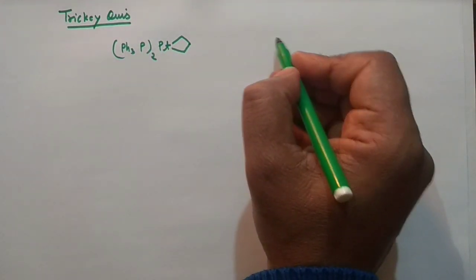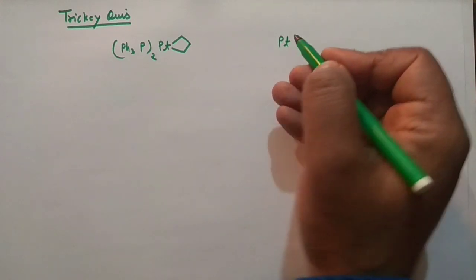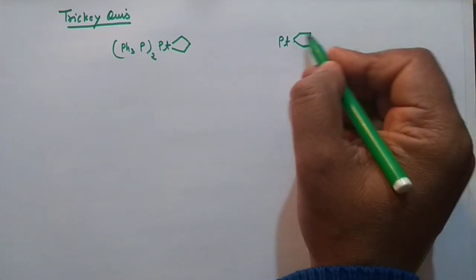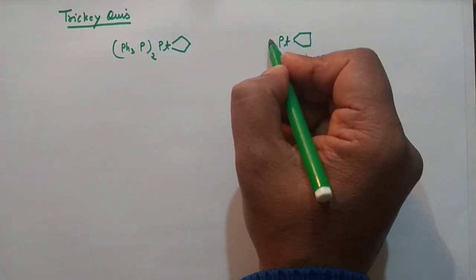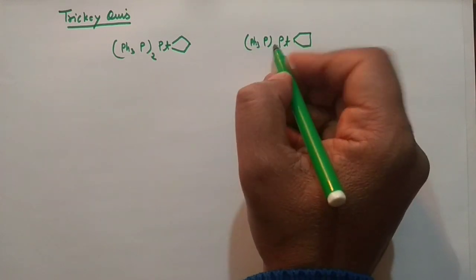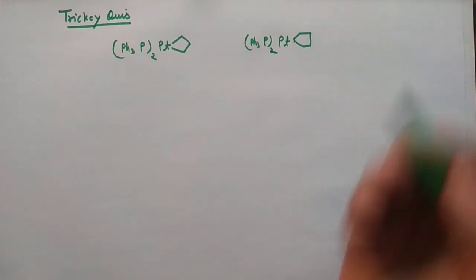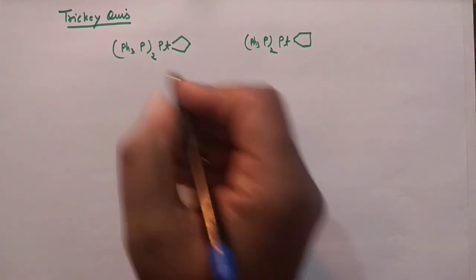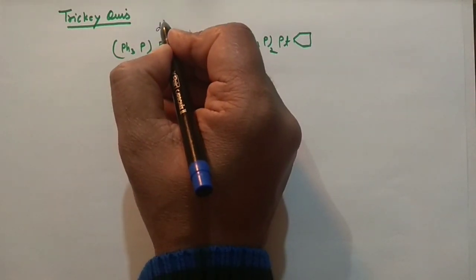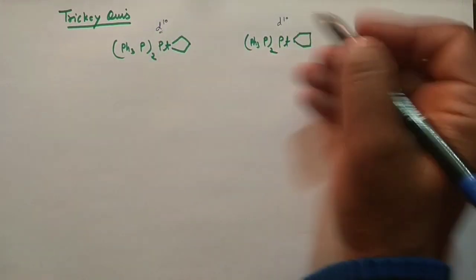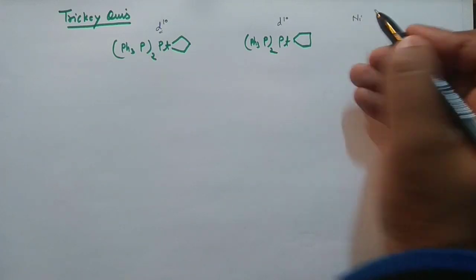And in the second complex, say you have platinum with a 5-membered ring this time, and the rest is the same, triphenylphosphine twice. So these are the 2 complexes. In that case you can see platinum has a d10 configuration, and nickel also has the d10 configuration because it belongs to the nickel family.